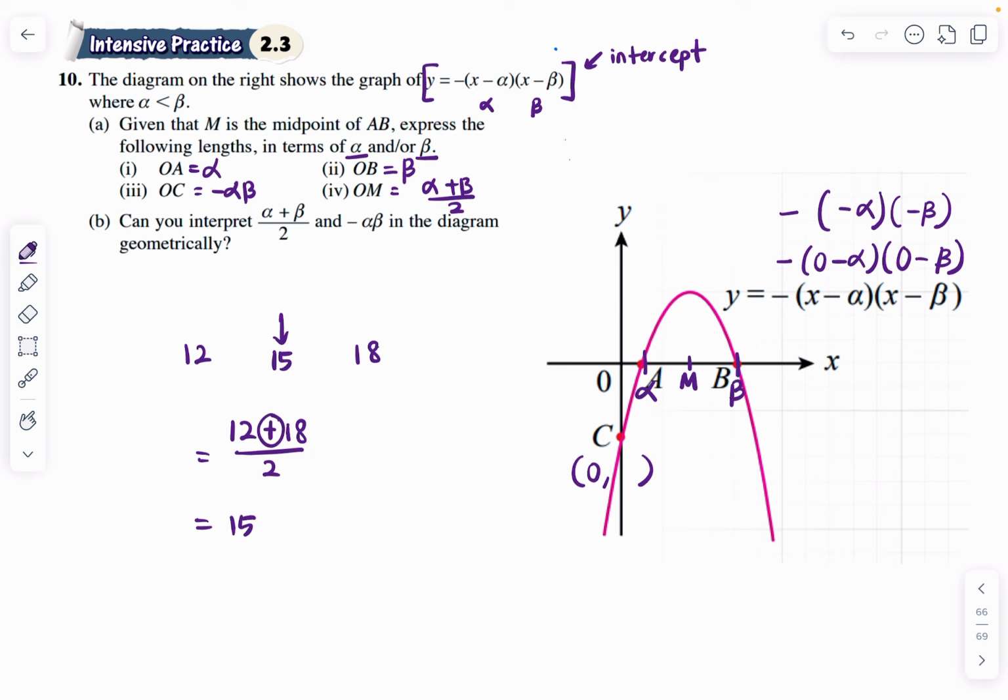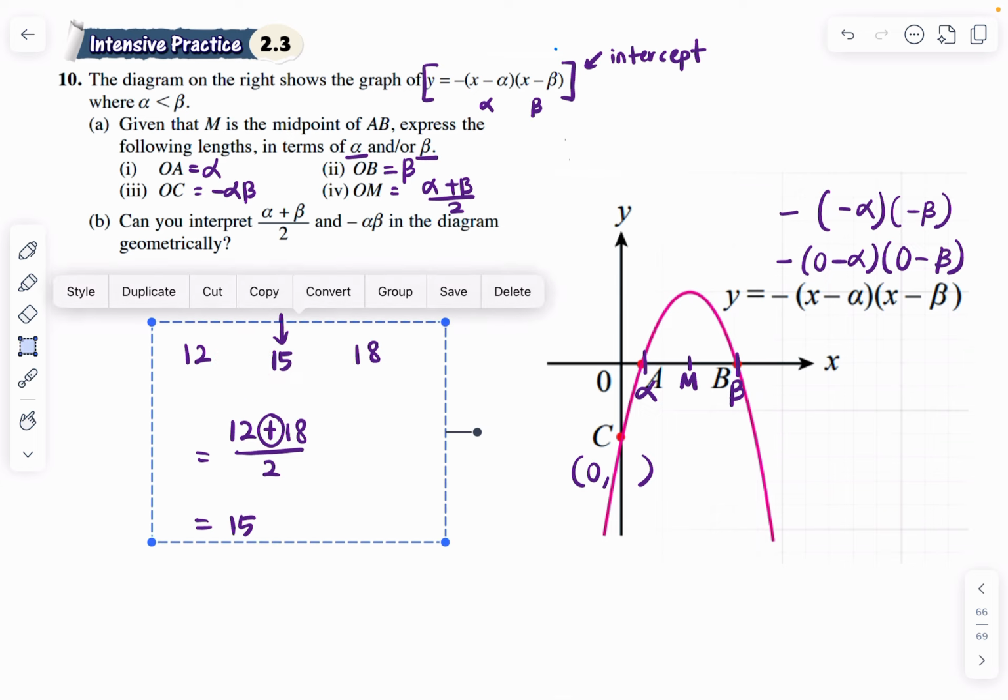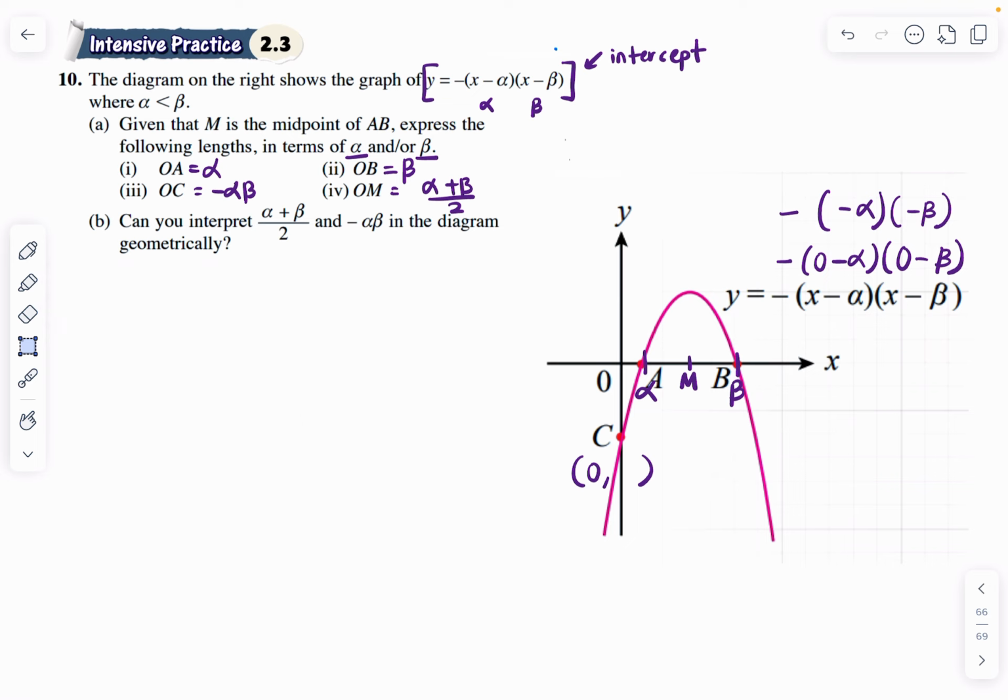Okay, so we must plus both and divide by 2. So if you realize, 3 years gap, 3 years gap, perfectly in the middle. Same thing. Any midpoint you just plus both and divide it by 2. Done. So A is done. Next.